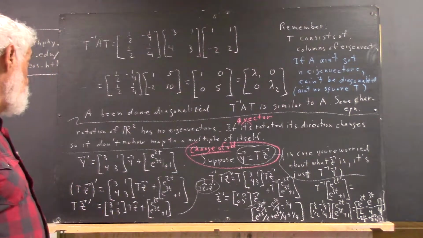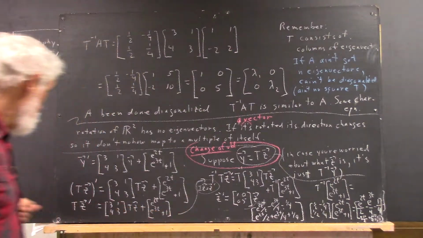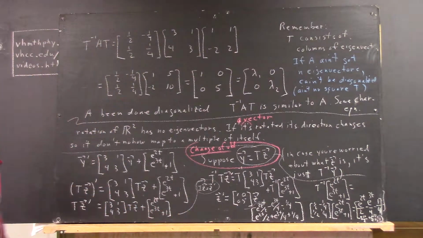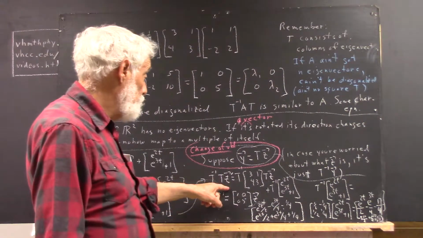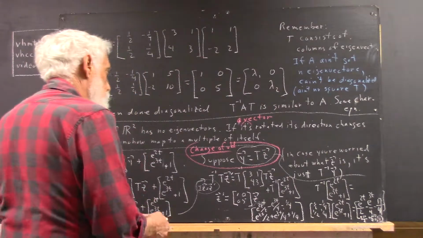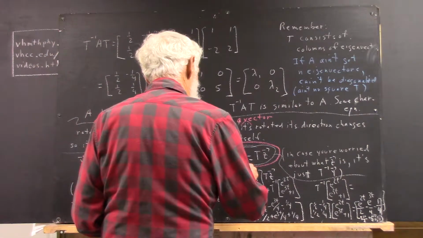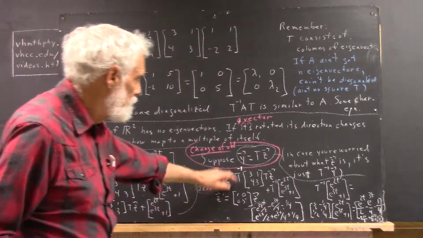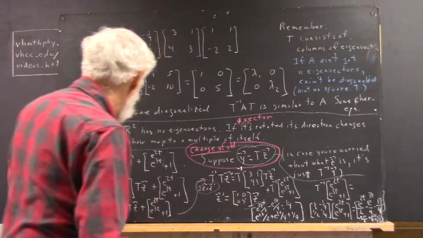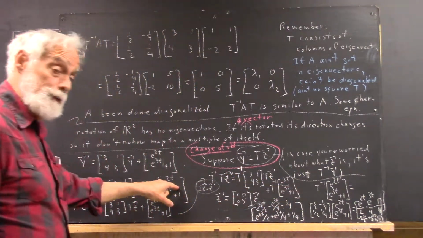But now I'm going to do something. I'm going to multiply every term in this equation by T inverse. I'm going to write T inverse Tz prime equals T inverse times this plus T inverse times this.